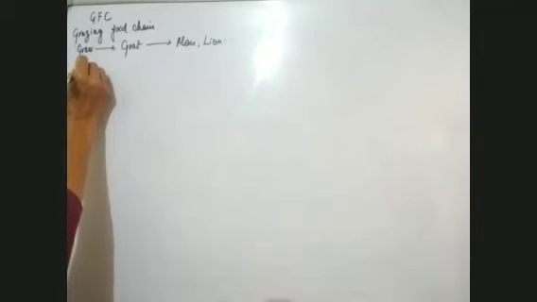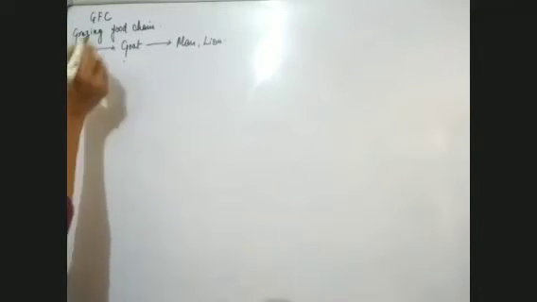Now I was discussing the characteristic properties of GFC with you. The first characteristic property is that it is based on energy from the sun, because from where does the grass get energy?